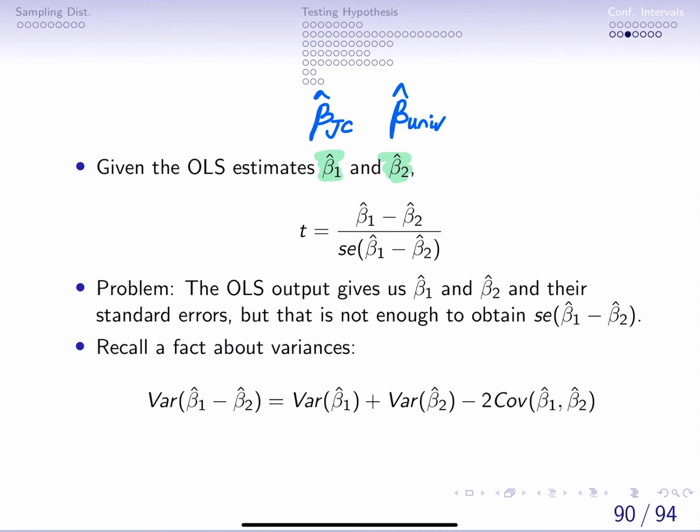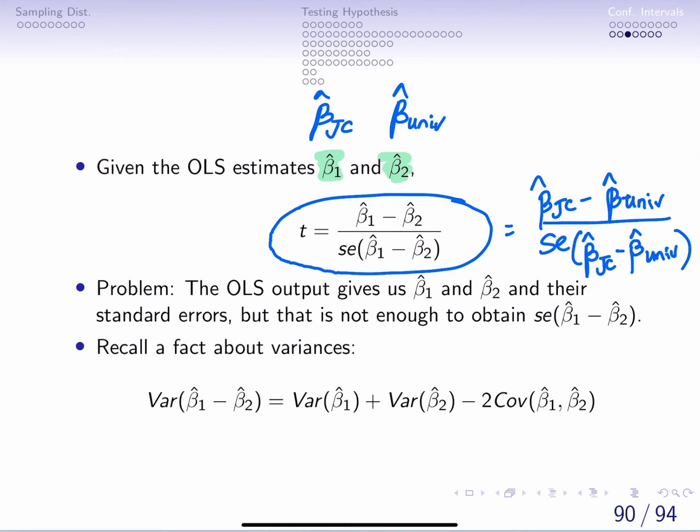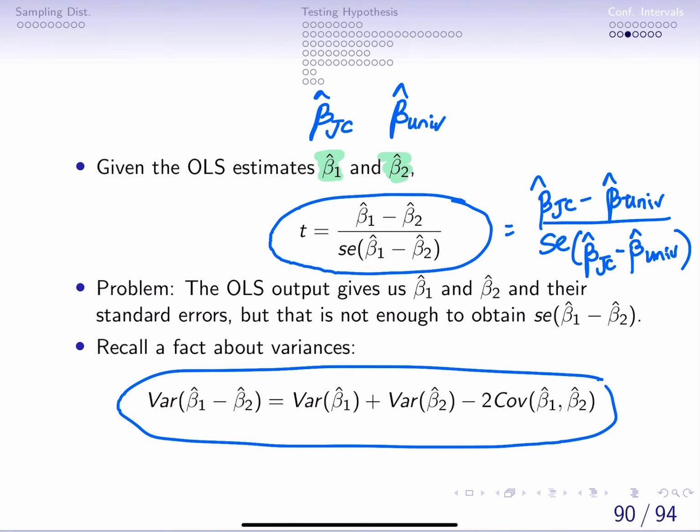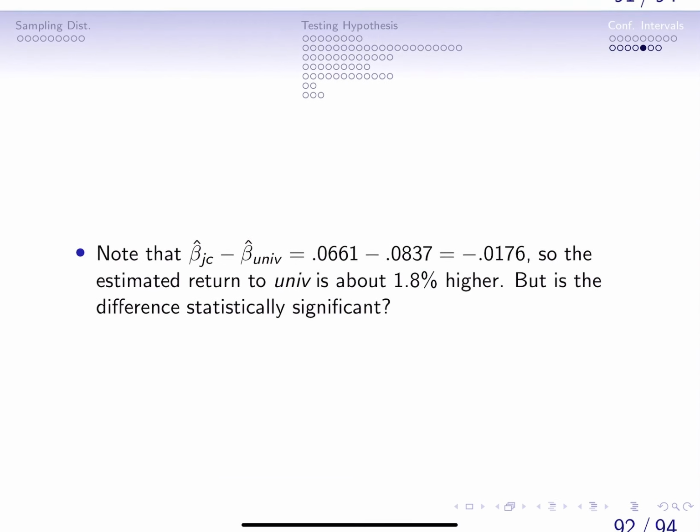Here we can construct the t statistic in this way: beta hat junior college minus beta hat university, divided by the standard error of the difference between these beta hats. The denominator can be computed using this formula for the variance, but this is how we would test it.